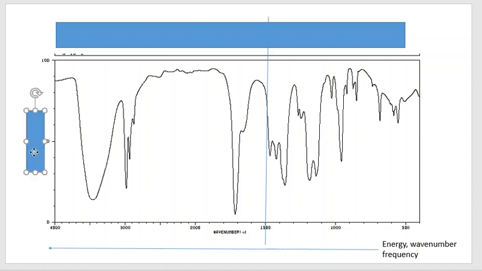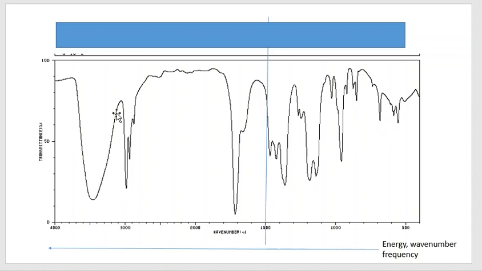The other thing to notice is that we're actually measuring transmittance on the left side here. Each of these things going down is a band.